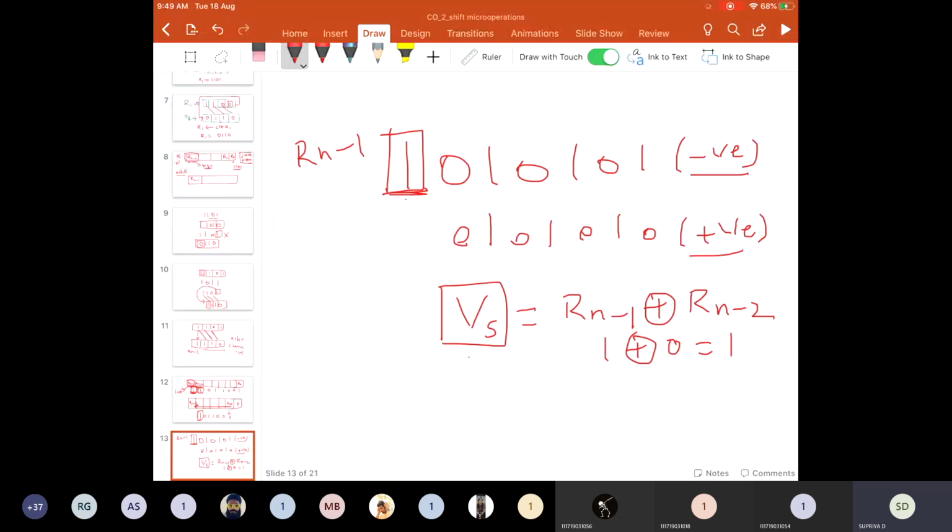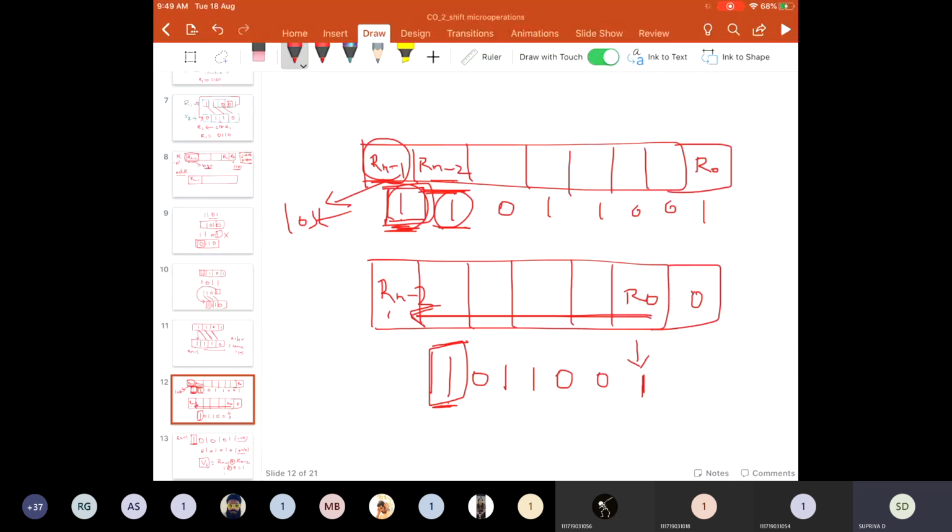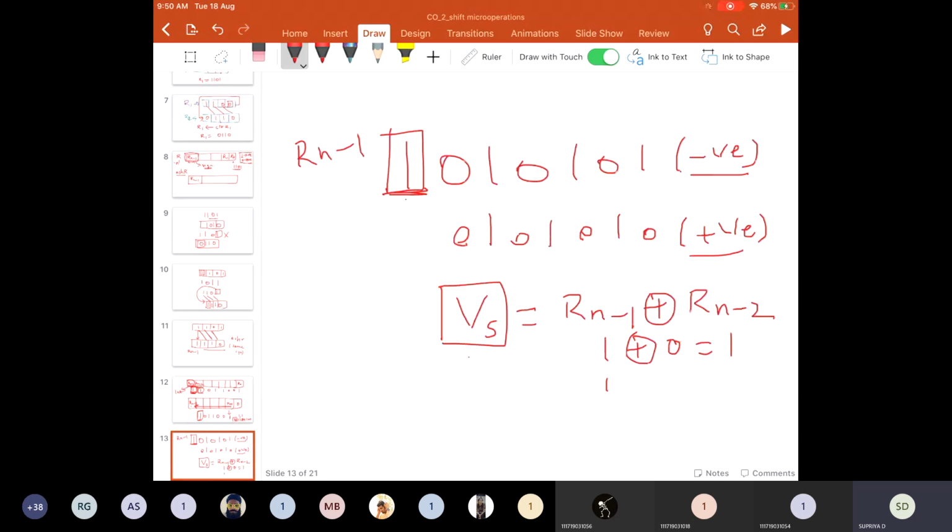And in the previous example, Rn minus 1 and Rn minus 2 have the same sign, 1 and 1. Vs equals Rn minus 1 exclusive-OR Rn minus 2, 1 exclusive-OR 1 equals 0. That means there is no overflow detected and Vs will not store any information in this case. But if there is an overflow expected, that can be detected by performing the XOR operation on R minus 2 and R minus 1 bits.